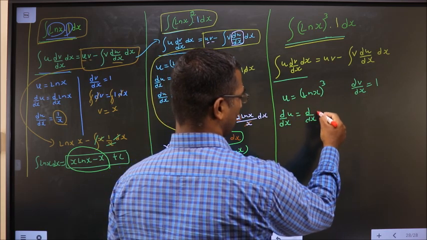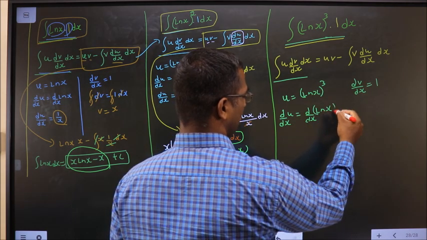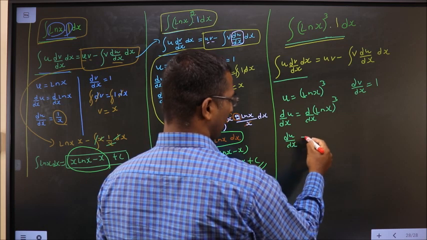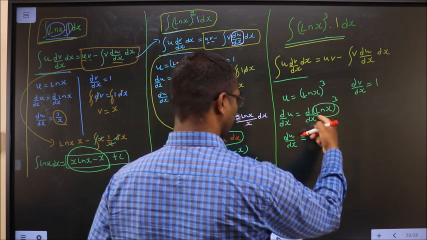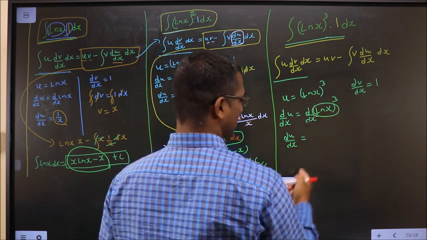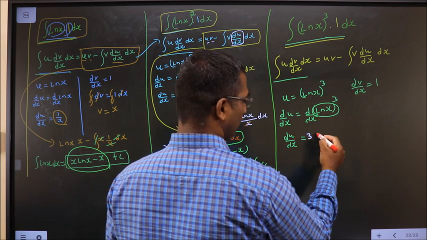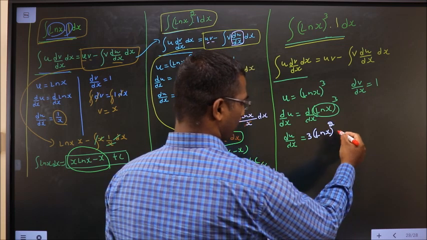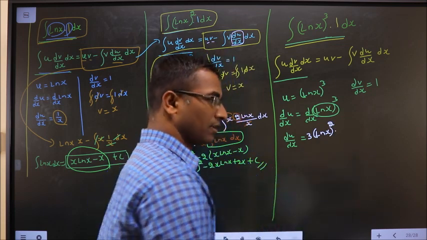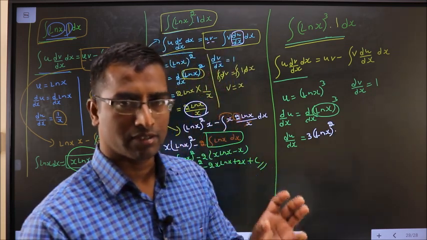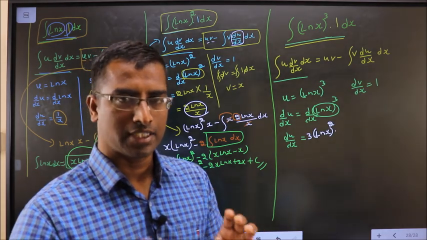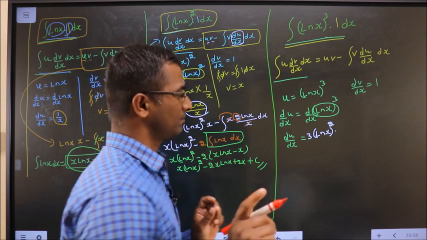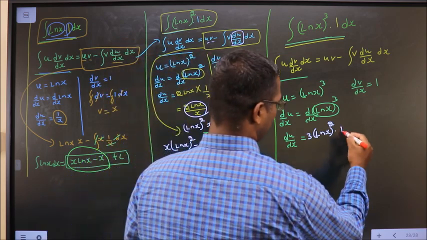Next, take d by dx on both sides. D by dx of ln x power 3. So here no change and here, I consider it to be x. So now it is of the form x cube, that is 3x square, and also the derivative of, in place of x whatever you have assumed, or else chain rule, into d by dx of ln x, you should not forget, which will be 1 by x.